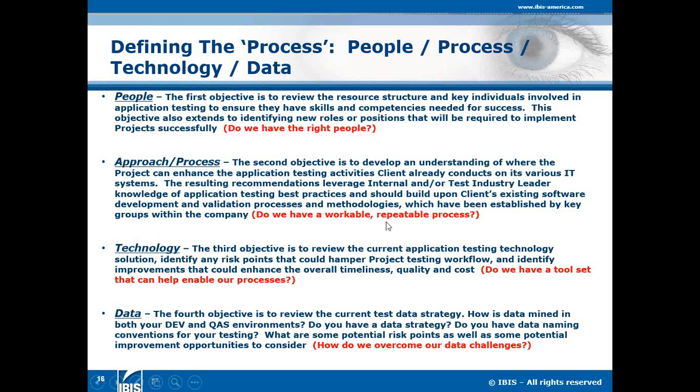Do we have a workable, repeatable process? And from a technology perspective, do we have a tool set that can enable our process? And then finally, how do we overcome our data challenges? And again, probably from a testing perspective, data is probably the #1 issue that we run across pretty much with most of our customers.